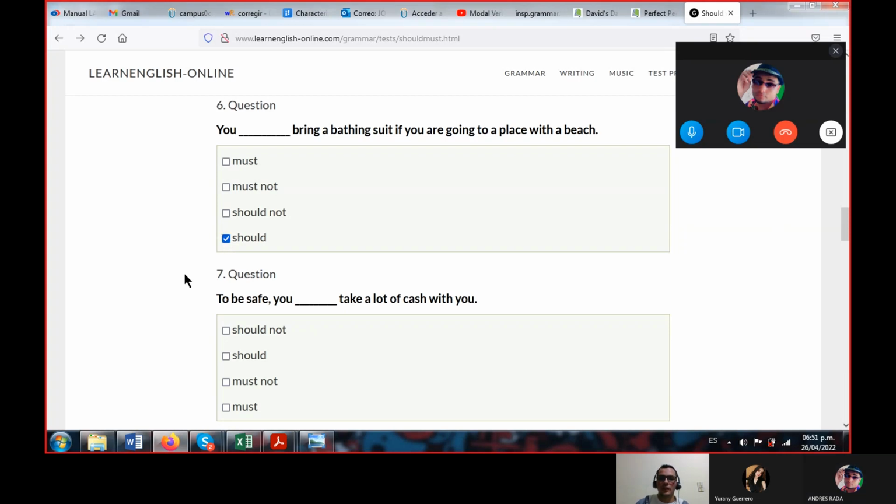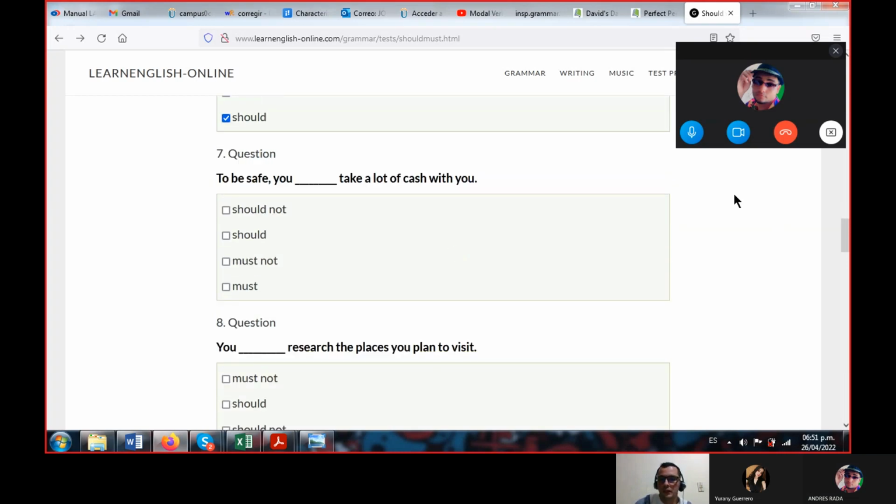Tú deberías traer un traje de baño. Deberías llevar un traje de baño.